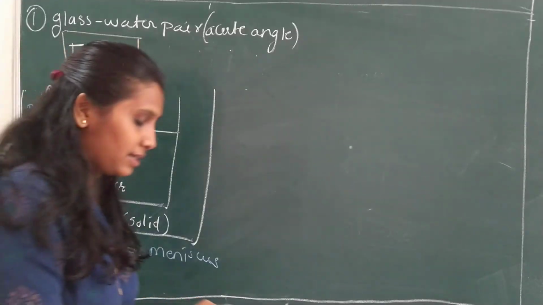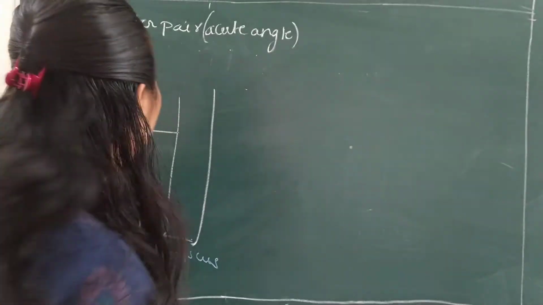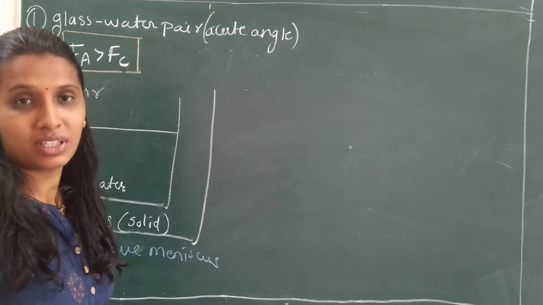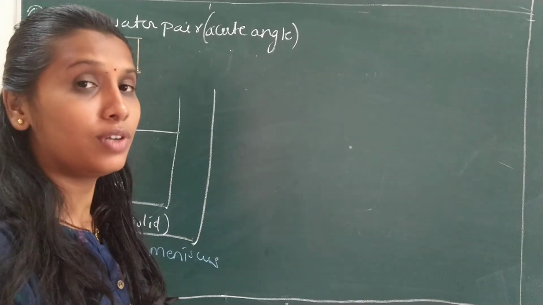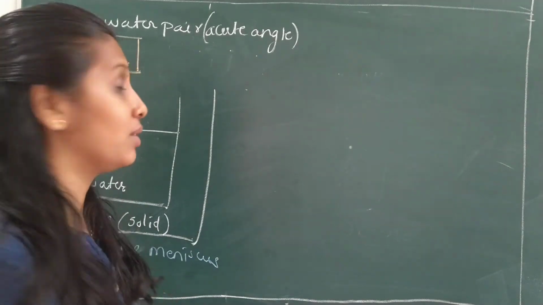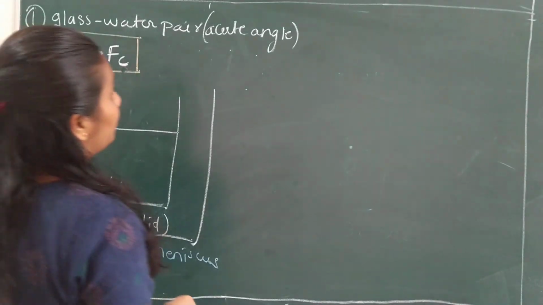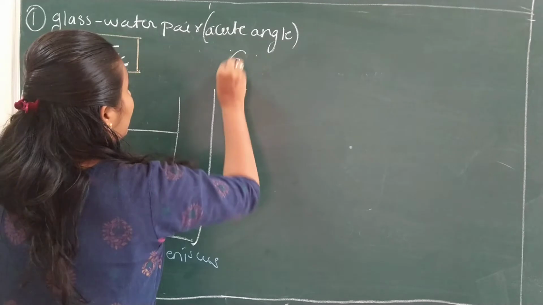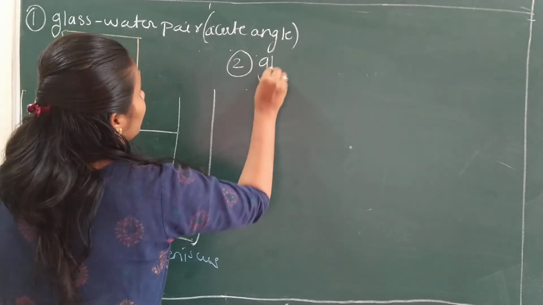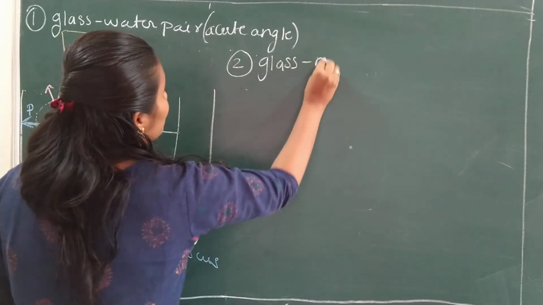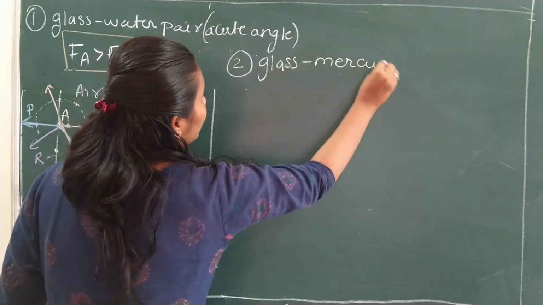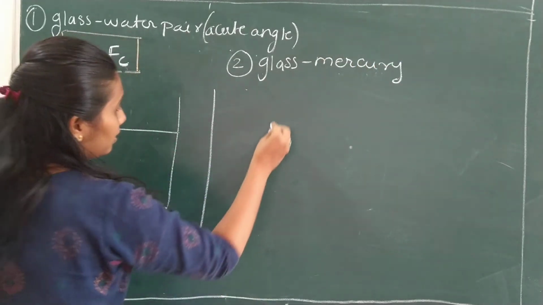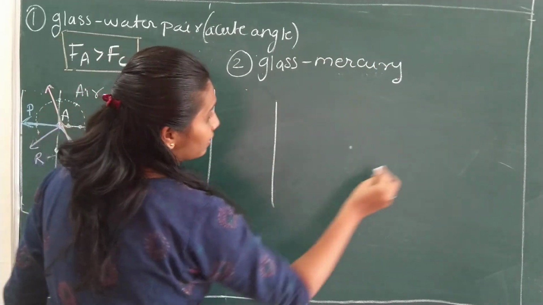Now, next about convex. For getting a convex meniscus, that is in the case of which pair? Glass-mercury. The second pair here is of glass-mercury, in which you get the meniscus as convex.